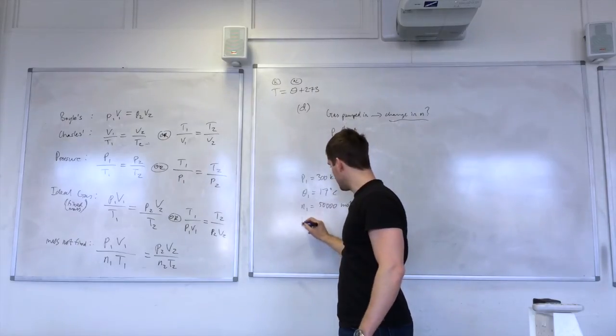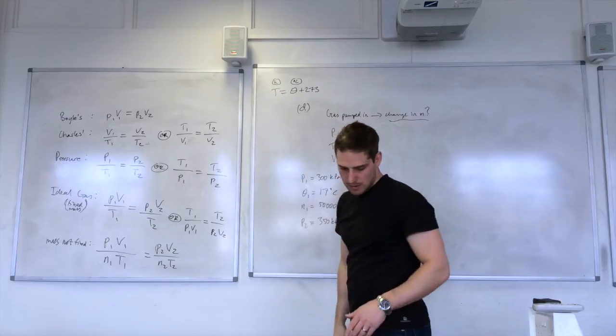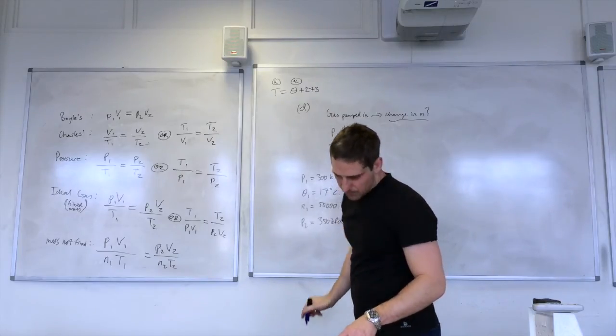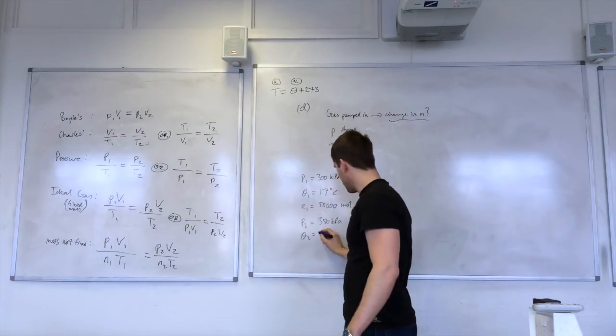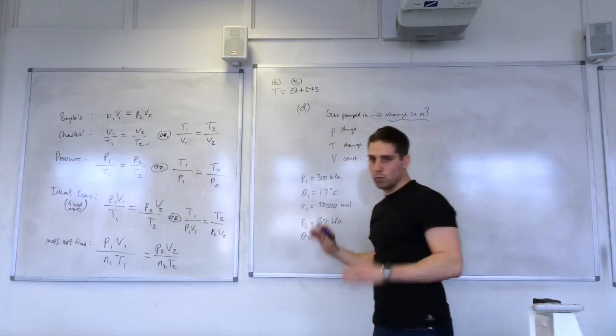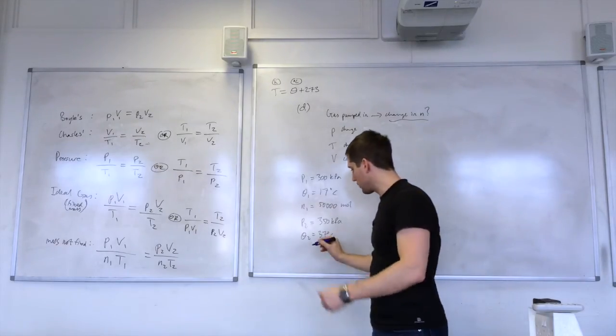Final pressure P2 is 350 kilopascals. Final temperature is 37 degrees C. And we want to find out how many moles of gas were added.